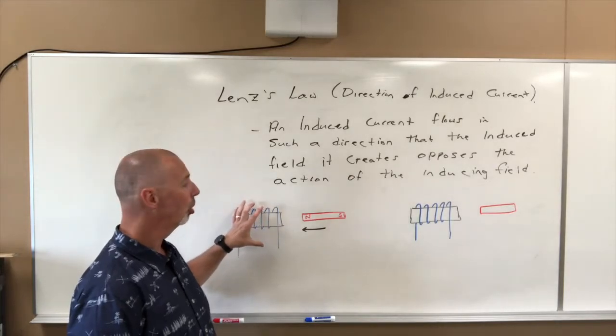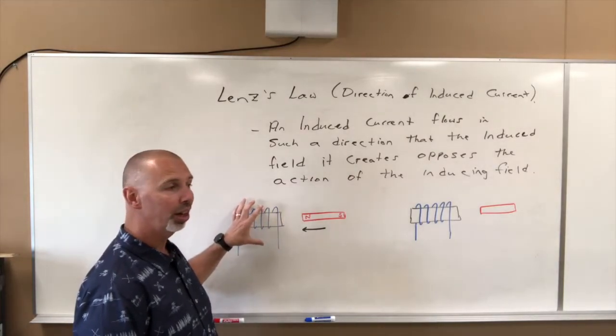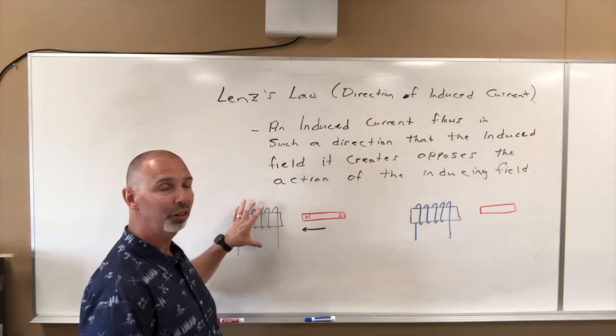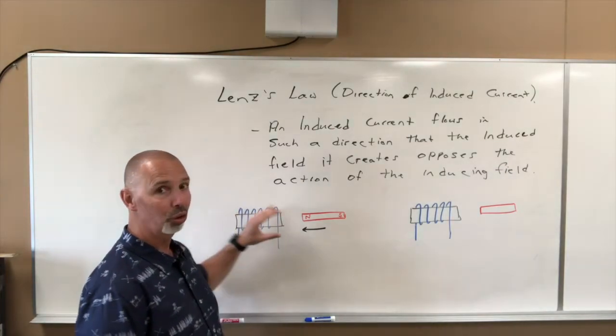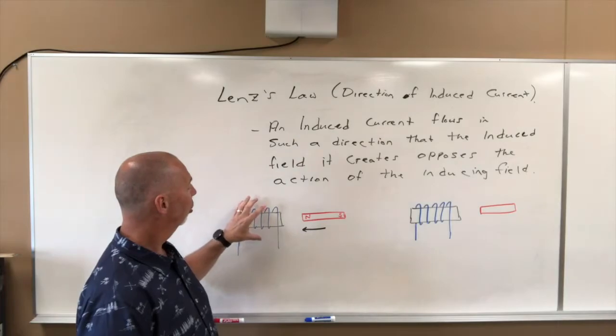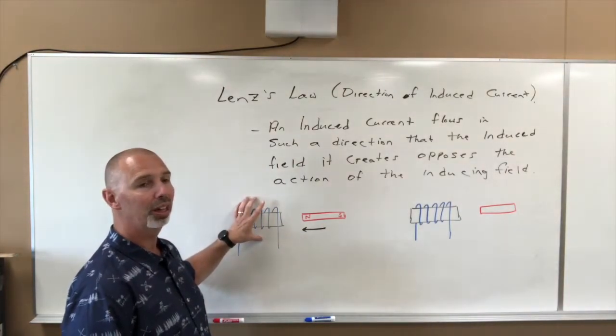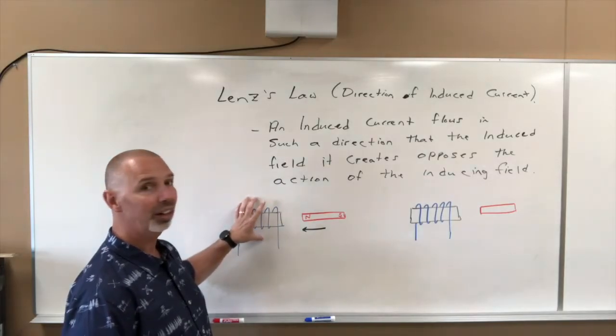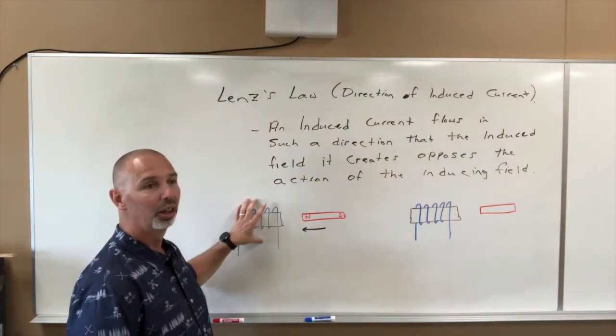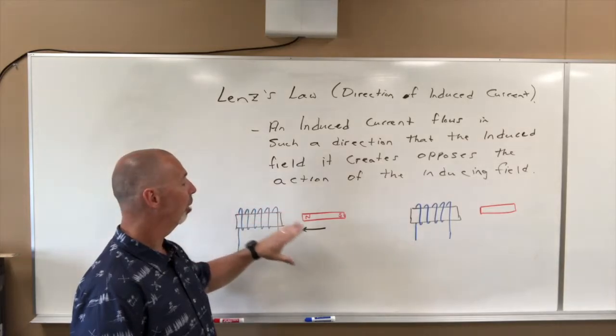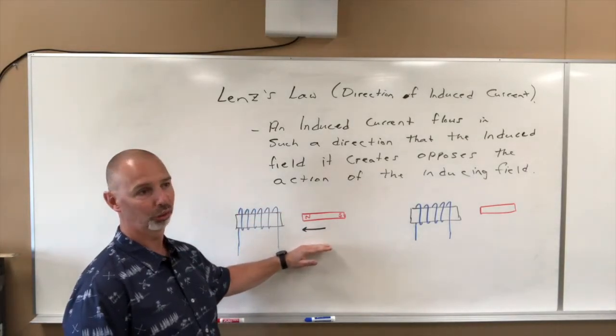Remember, we talked about the magnetic field around a solenoid and how it looks very much like the field of a bar magnet, with a north and a south pole. It's going to induce a current in here, and that current is going to induce a magnetic field. The magnetic field that it's induced here will be in such a way that it opposes this motion.